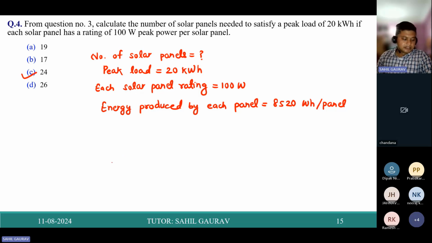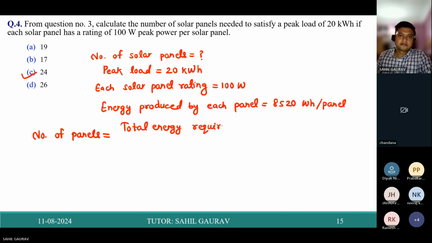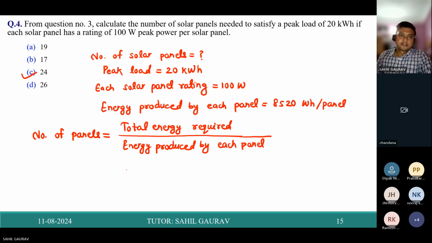The total energy required is 20 kilowatt hour, so it is 20,000 watt hour, and the energy produced by each panel is 8520 watt hour.